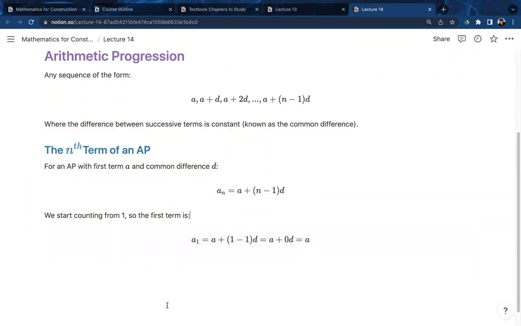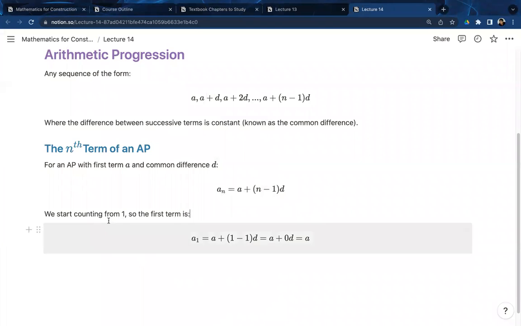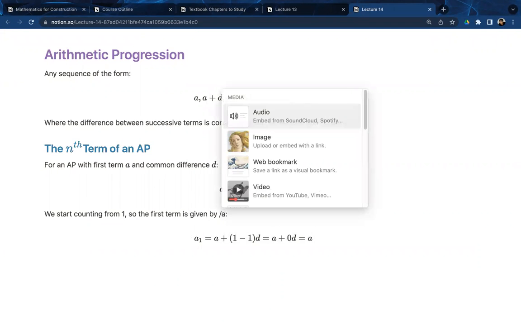So since we start counting from 1, the first term is given by n equals 1.